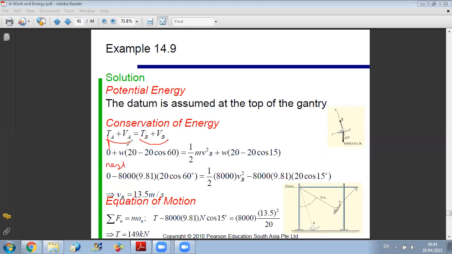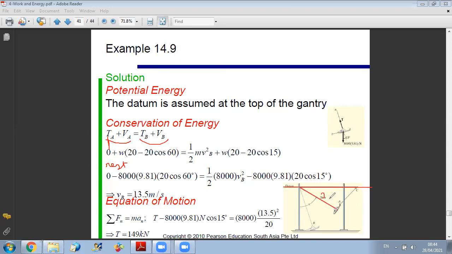Now concerning the potential energy, whenever you want to define potential energy, you need a reference line. And here, the best option is to choose this part as a reference line. Why? Because you know the length of your cable, it's 20 meters. And you know the angle, so you can find the height.